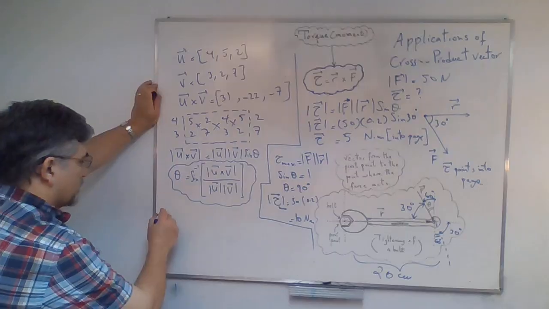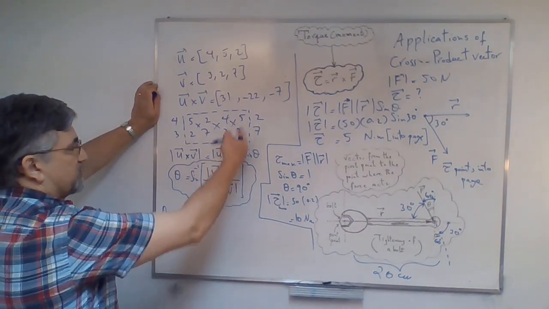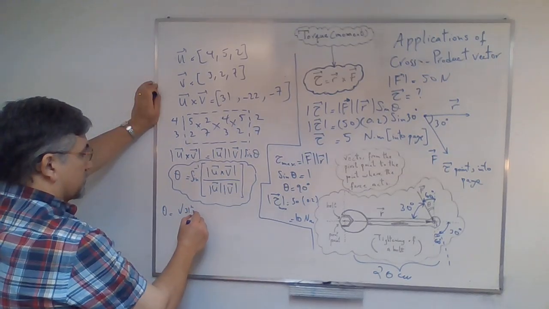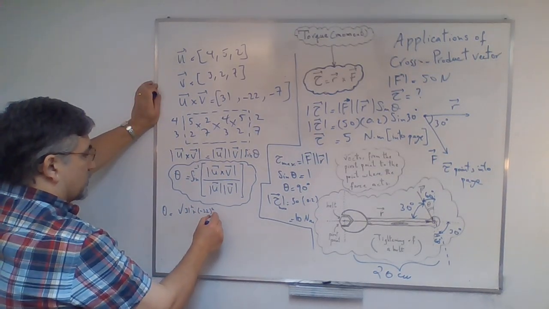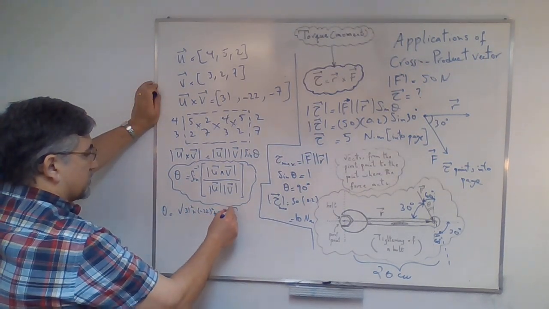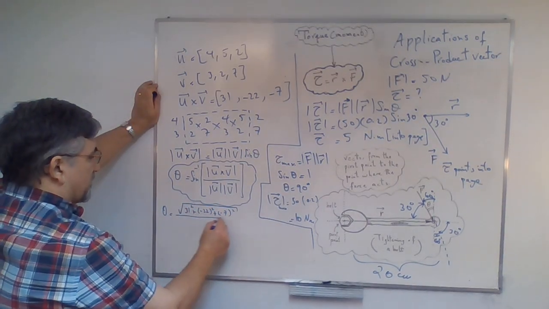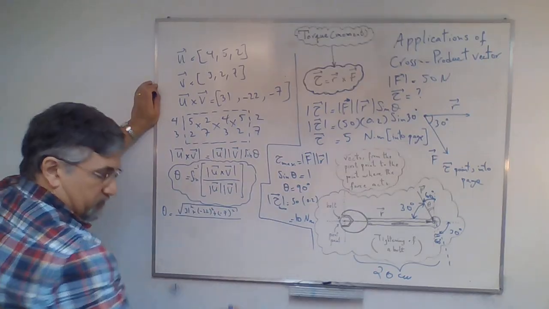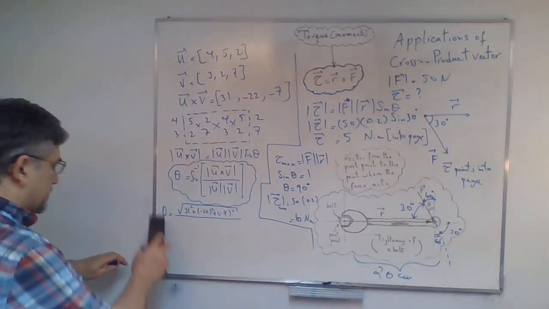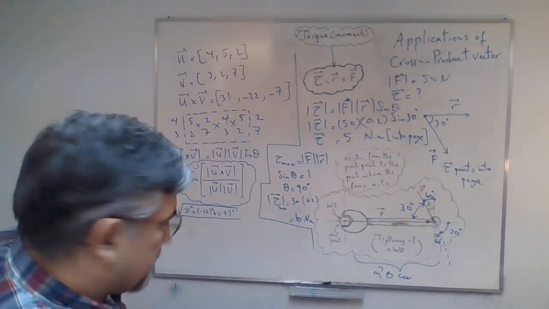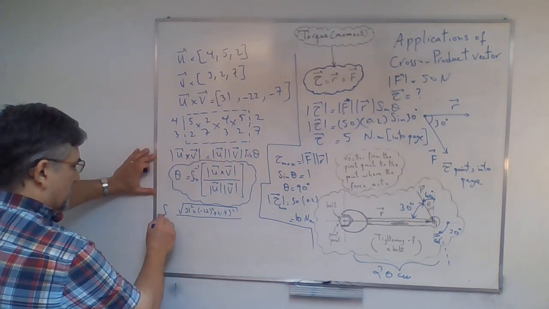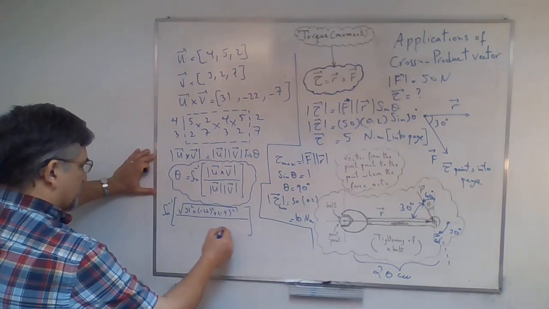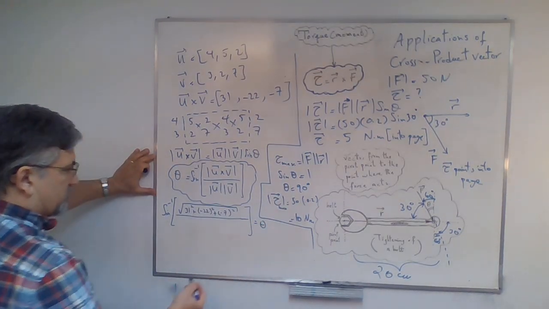So what I'm going to do, I'm going to find the magnitude of this cross product. So that would be the square root of 31 squared plus negative 22 squared plus negative 7 squared. That's the magnitude of the cross product, in the numerator. In the denominator, I should have taken the inverse sine, so this is the inverse sine of that big expression, which is equal to the angle theta we're looking for.